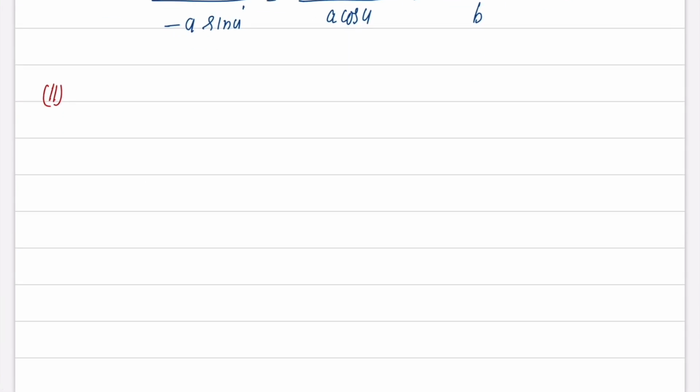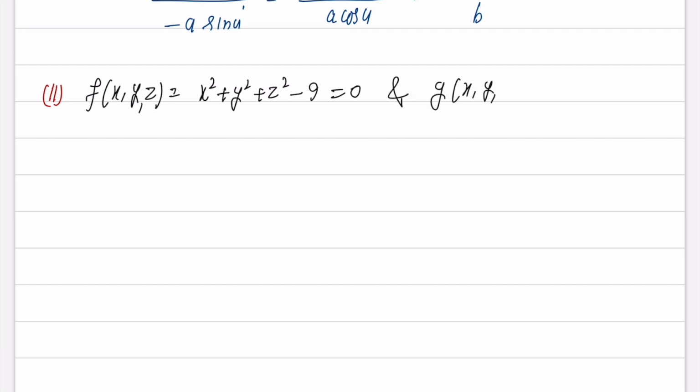So first we are given that f of x y z is equal to x square plus y square plus z square minus 9. We can see this is equal to 0, and g of x y z is equal to z minus y is equal to 0. Now, in order to write down the equation of tangent, we have certain steps to follow.